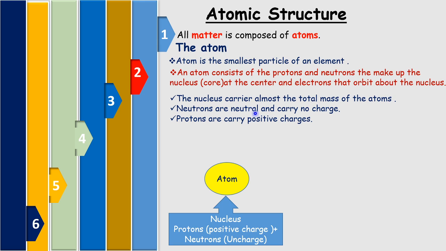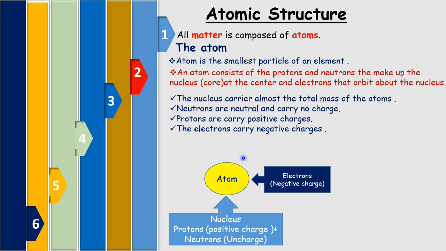Neutrons are neutral and carry no charge. Protons carry positive charge. Then electrons are negative charge, and these electrons are revolving around the nucleus. So the electrons carry the negative charge.